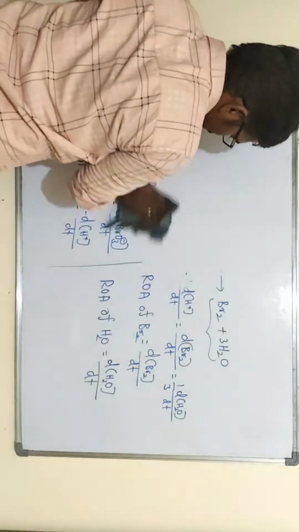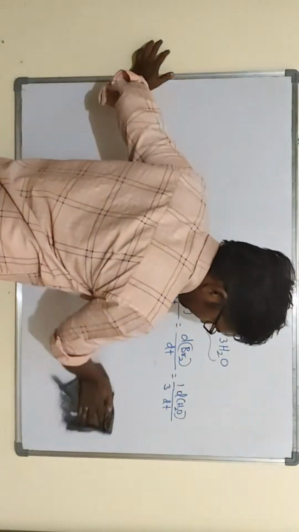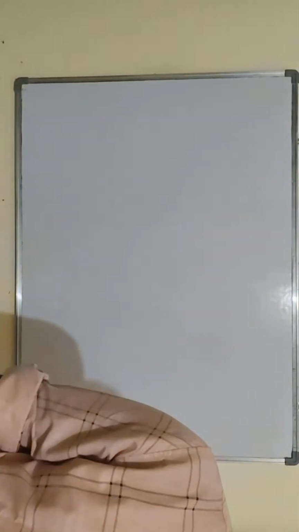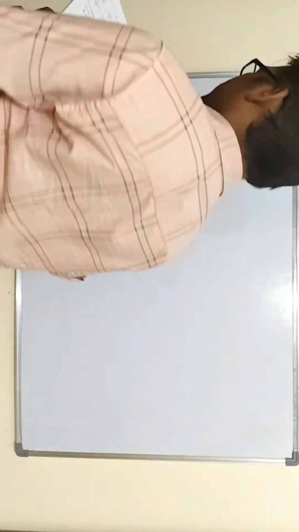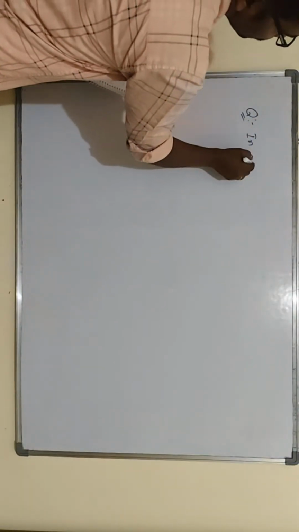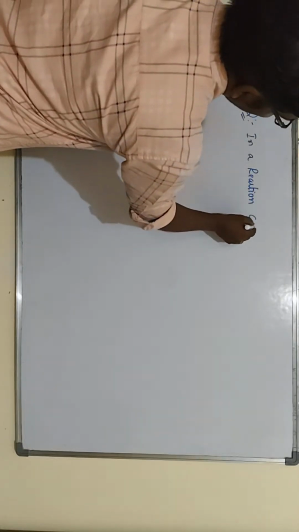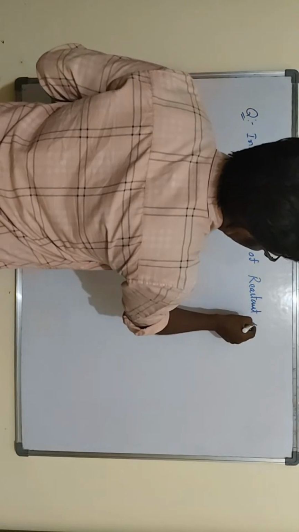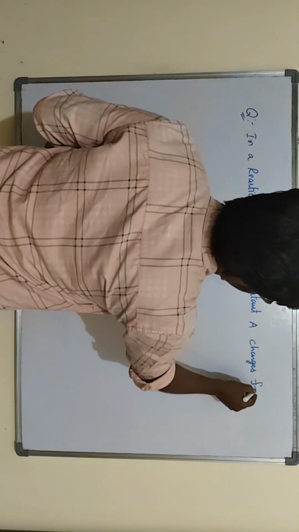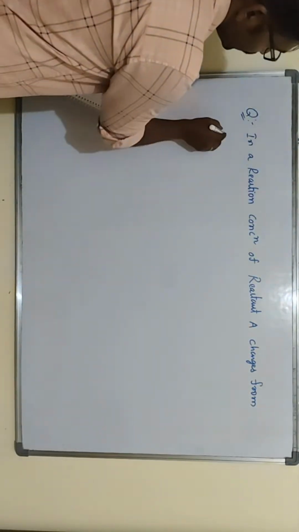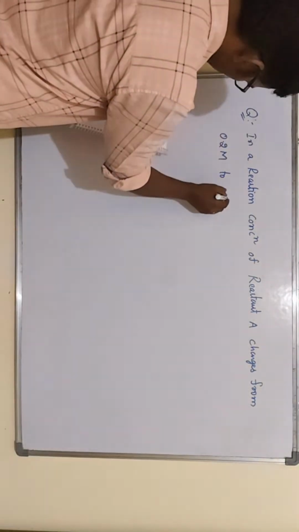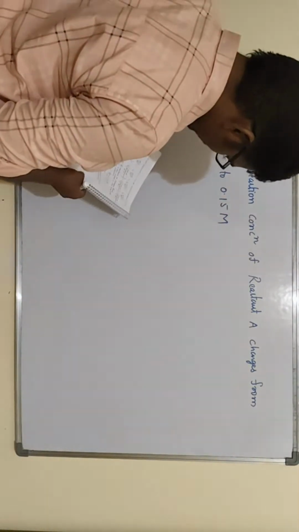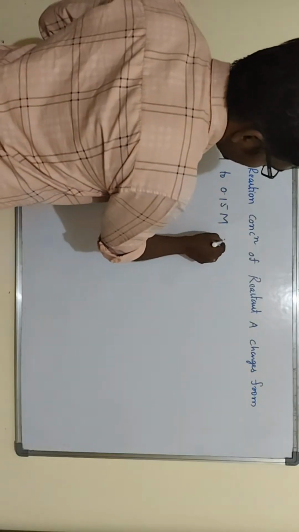Some of the numerical problems based on it. One of the questions, look at: in a reaction, the concentration of reactant A changes from 0.2 molarity to 0.15 molarity in 10 minutes.